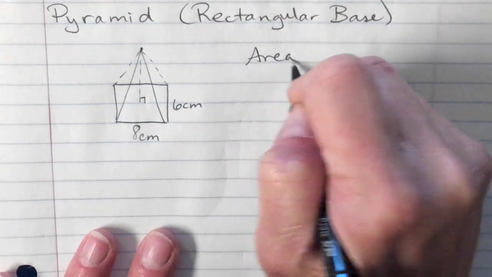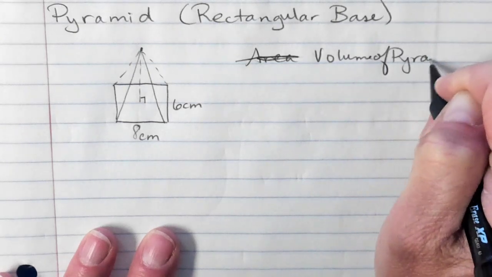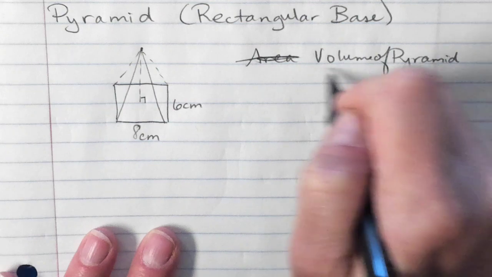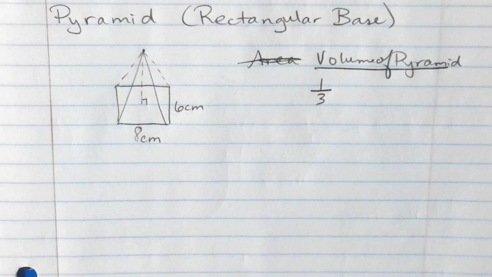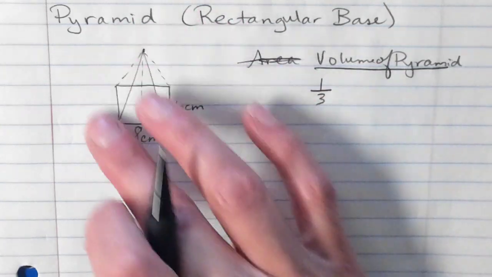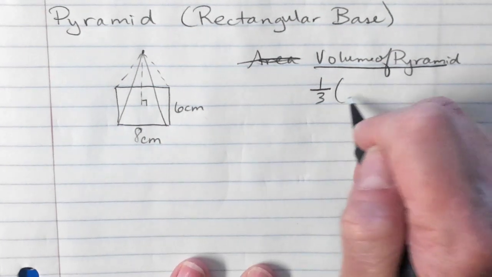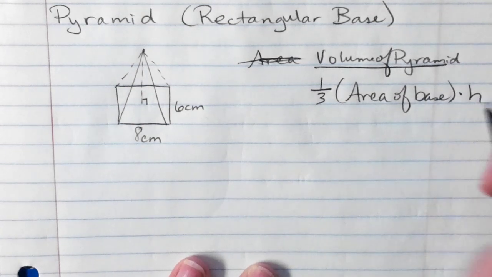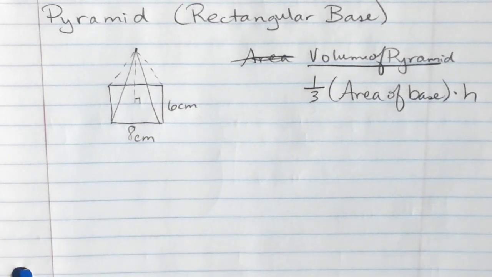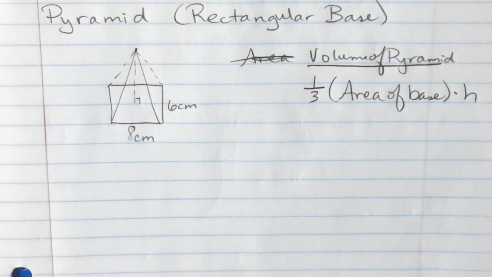So the volume of a pyramid is also going to have a 1/3 because we're not using all of the volume around the edges of that vertex. We have to shave it off, thus the 1/3 times the area of the base times the height. So it's the same formula as a cone, it's just the area of the base is different.